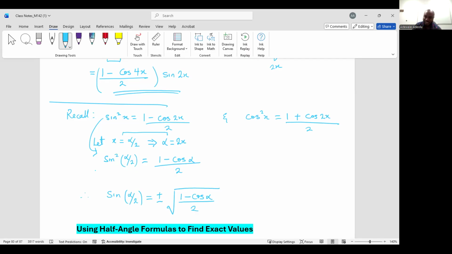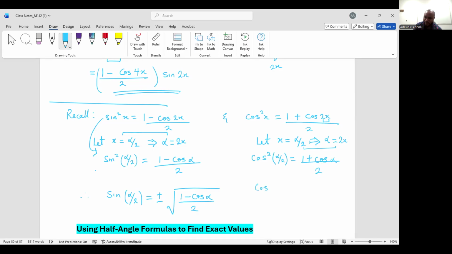And for cosine, again, I do the same thing. Let x be alpha over 2. So that implies that alpha is 2x. And the cosine squared of, instead of x, I write alpha over 2, equals 1 plus cosine of, instead of 2x now, I write alpha from here, divided by 2.